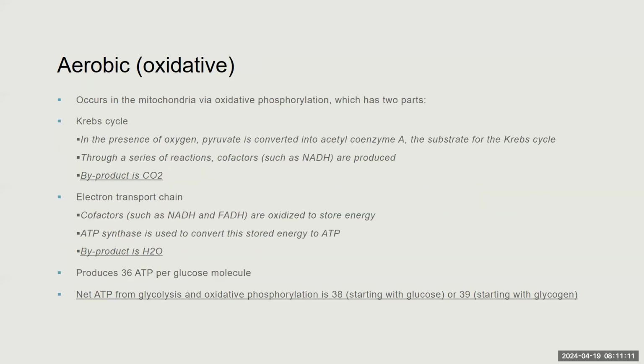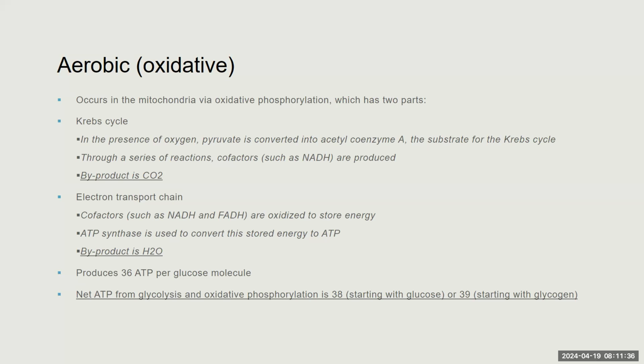We talked about this aerobic or oxidative metabolism. That's going to be occurring in the mitochondria via oxidative phosphorylation, which has 2 parts. So again, put on our biochem hats, think about the Krebs cycle. In the presence of oxygen, pyruvate is converted into acetyl coenzyme A, which is the substrate for the Krebs cycle, and through a series of reactions, cofactors such as NADH are produced.